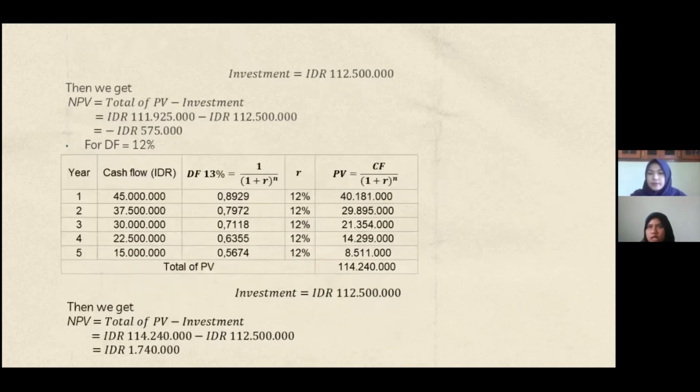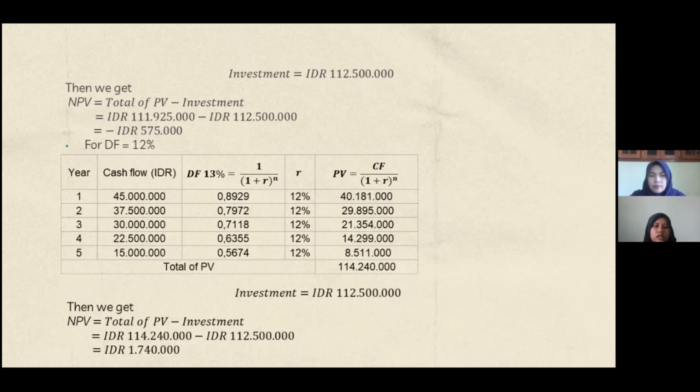So we know that the initial investment is 112,500,000 rupiah. So the NPV is the total of PV minus the investment, which is minus 575,000 rupiah. And the second is for DF equal to 12%.